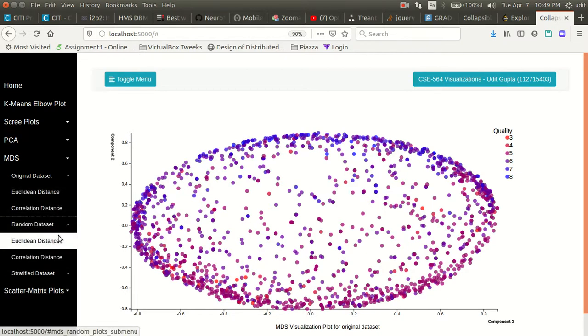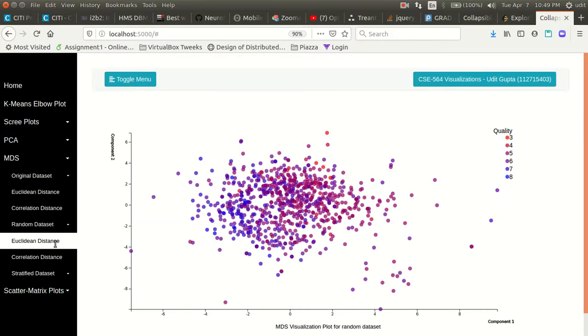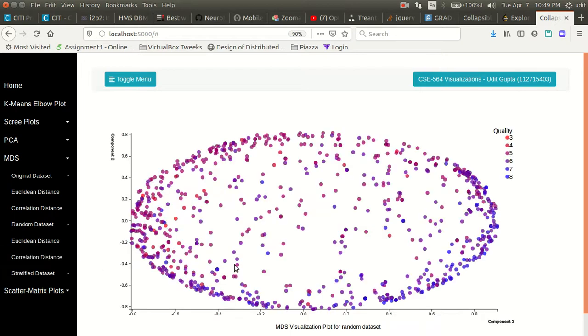Next, we try to perform similar analysis on the random data set. We have Euclidean distance once again. This time data points are 50% less as compared to the original data set, so we see a clear cluster for blue points and red points. Performing correlation distance on the random data set, we see a good cluster of blue points again and the red cluster well separated.